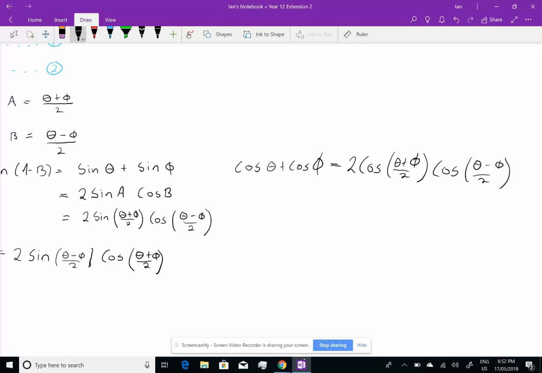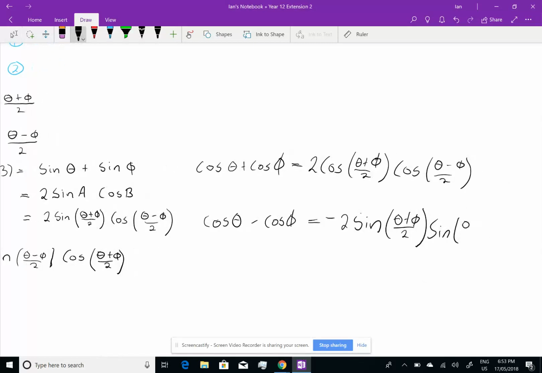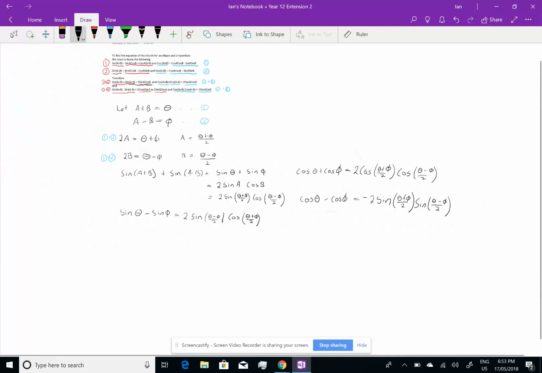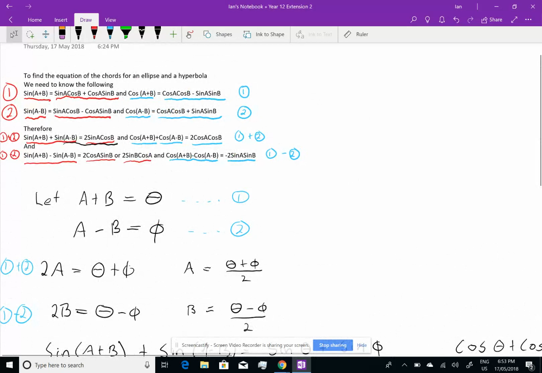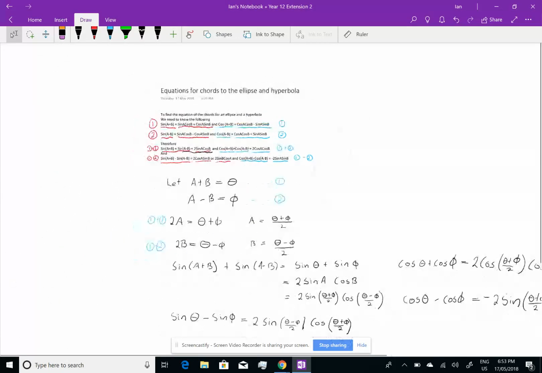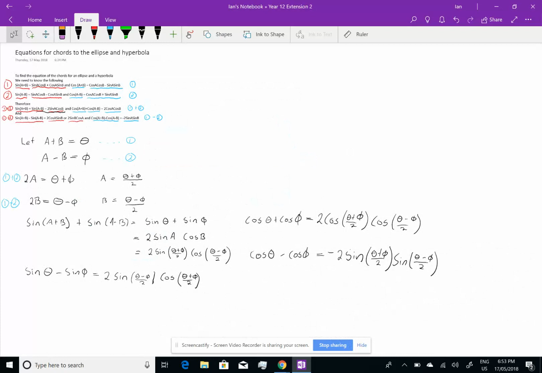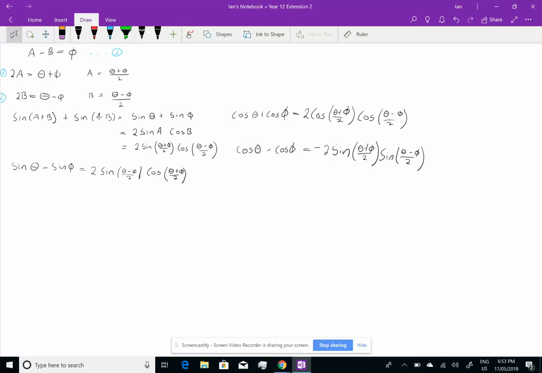And if I do cos theta minus cos phi, I'll get minus 2 sine A, which is theta plus phi over 2, sine B, which is sine theta minus phi over 2. Now that's just a bit of a substitution with your trigonometry, using those laws and letting A plus B equal theta and A minus B equal phi. So 2 different angles. Now how do we apply that?